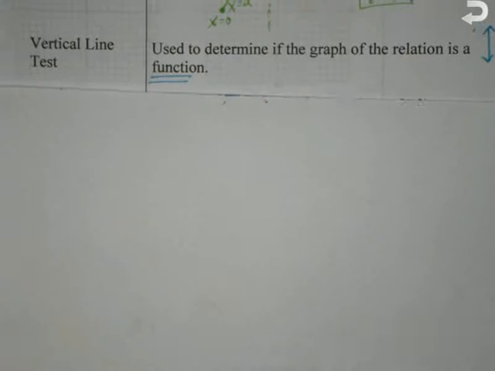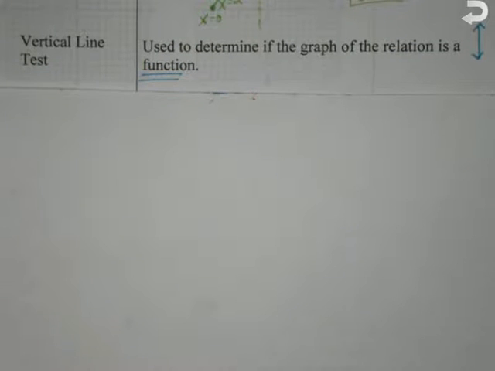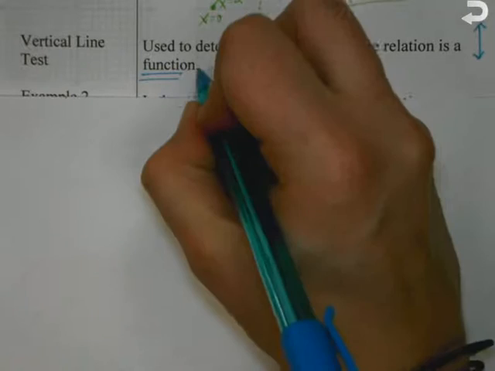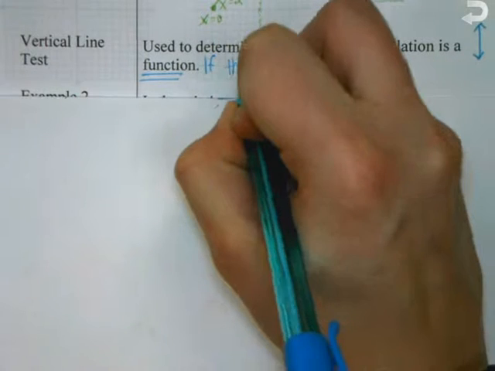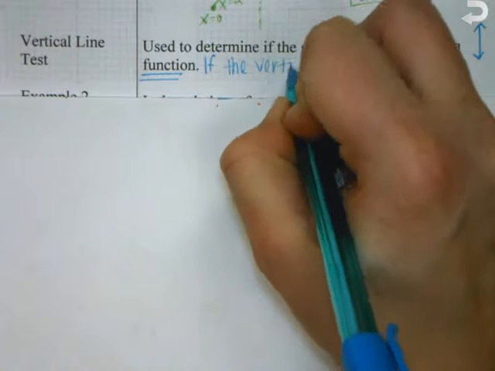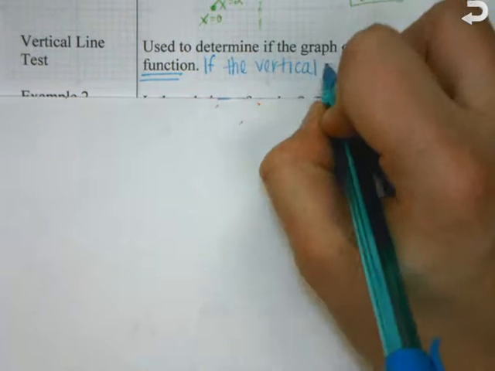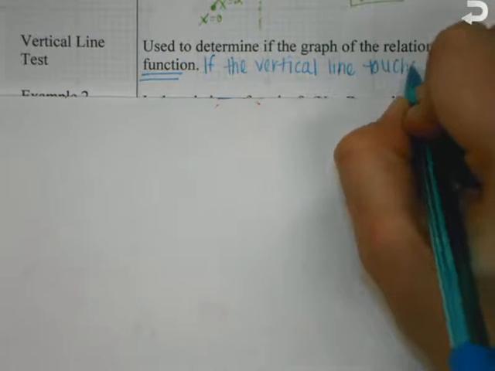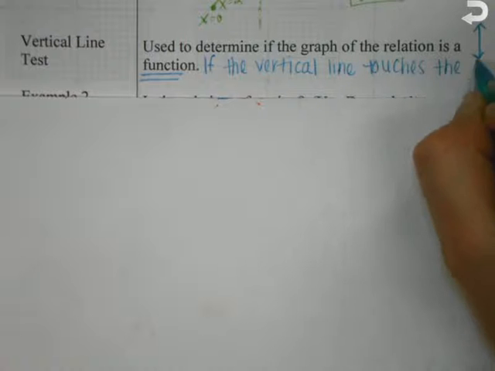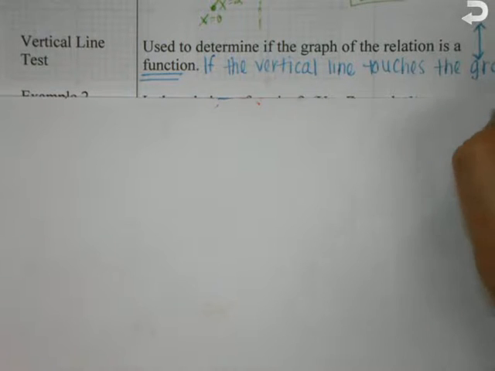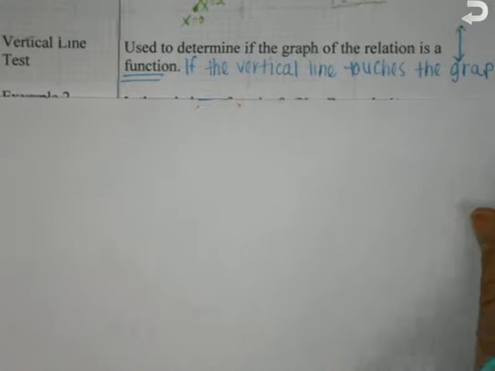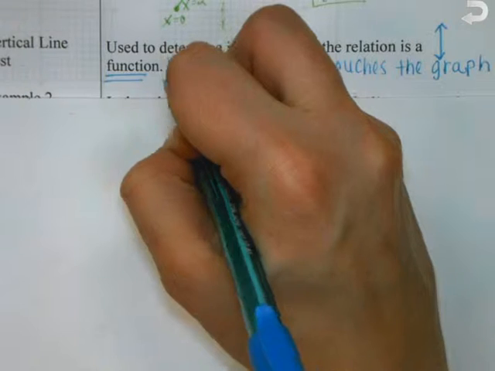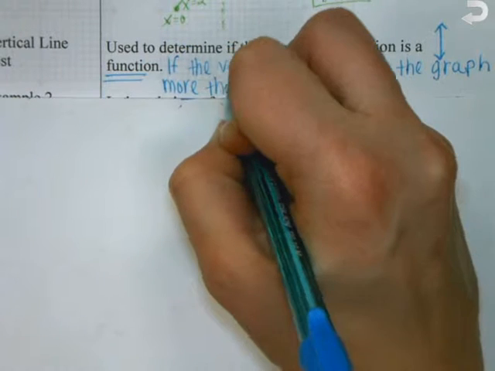So how the vertical line test works is if the vertical line touches the graph more than once, it is not a function.